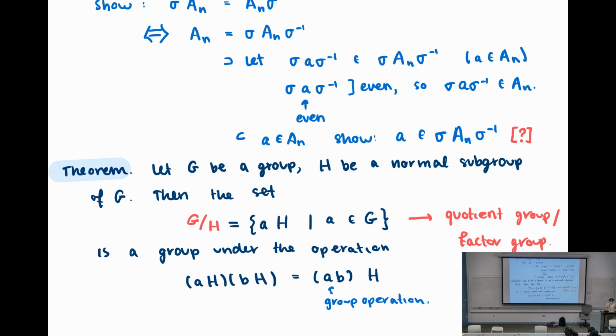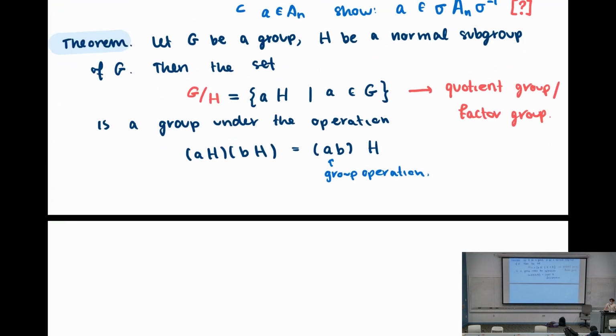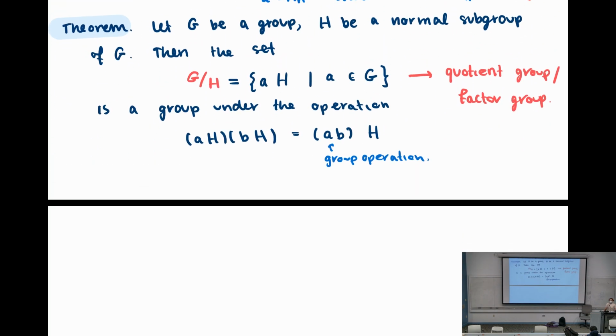I guess the intuition is like looking at what the elements of G are if you consider everything in H to be the same. So it's like if you collapsed H, then what is the structure that's left behind? And that will make more sense as you see more examples, why it's called that.